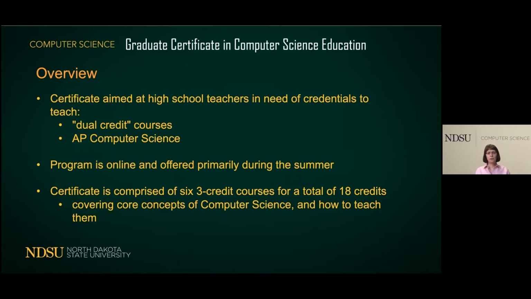The certificate is comprised of 6 3-credit courses for a total of 18 credits, basically covering the core concepts of computer science and also how to teach them. So that's basically the aim of the certificate program.